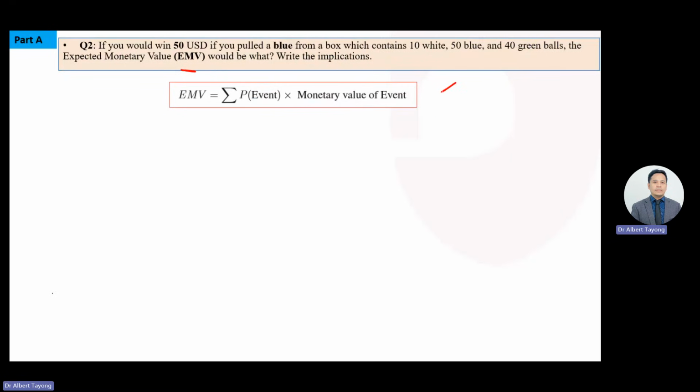So in short, it's just the summation of P of E times the MV. The monetary value in this example is $50, as mentioned here, and is positive because you would win. So the money is coming to your pocket.